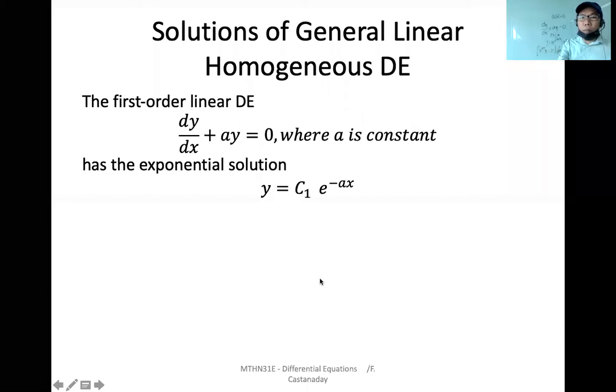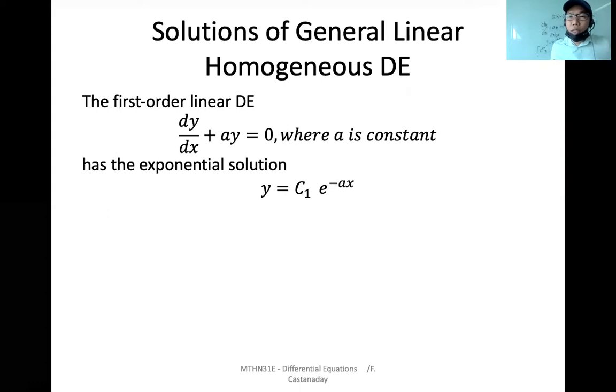So ayan, may subscript nang nilagay, although first order lang siya. So you don't need to write subscript, pero once na you are dealing with higher order. So pag sinabi natin na second order, so you're expecting to have two arbitrary constants. So hindi pwedeng C pareho ilalagay mo.